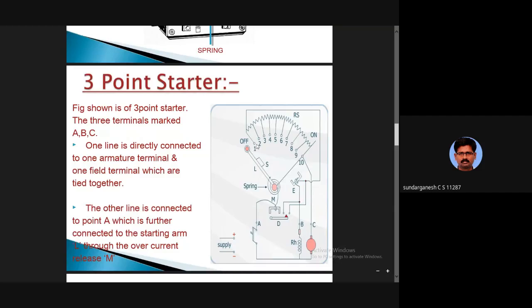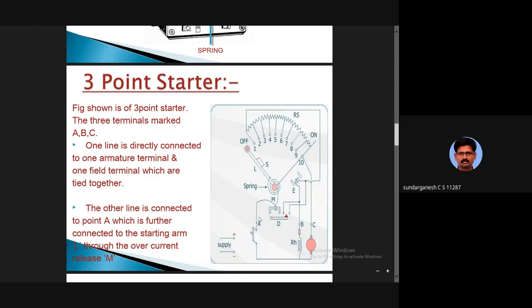So when you move the handle from 1 to 2, 2 to 3, 3 to 4, the resistance is gradually cut off. When you place the handle at the 10th position, all the resistance will be cut off. One line is directly connected to the armature, one is connected to the field terminal, so both are tied together by minus.